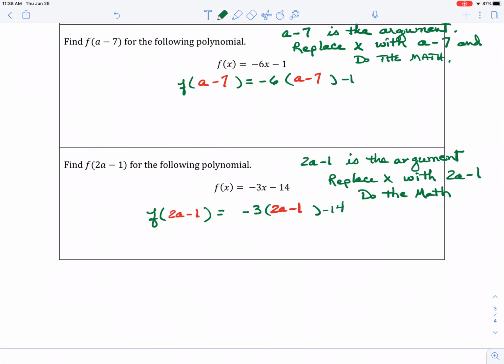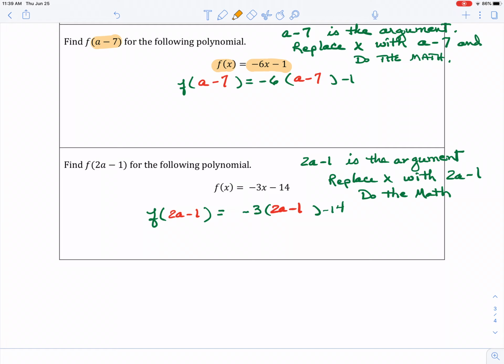So we've got a function here. Here it is. It's called f of x equals negative 6x minus 1. And the argument that we're being asked to put in here is a minus 7. So remember, the argument goes into the function and replaces the letter x, in this case, it doesn't always have to be an x, replaces this letter x with the argument a minus 7. So you see that's what I've done there on that second line.